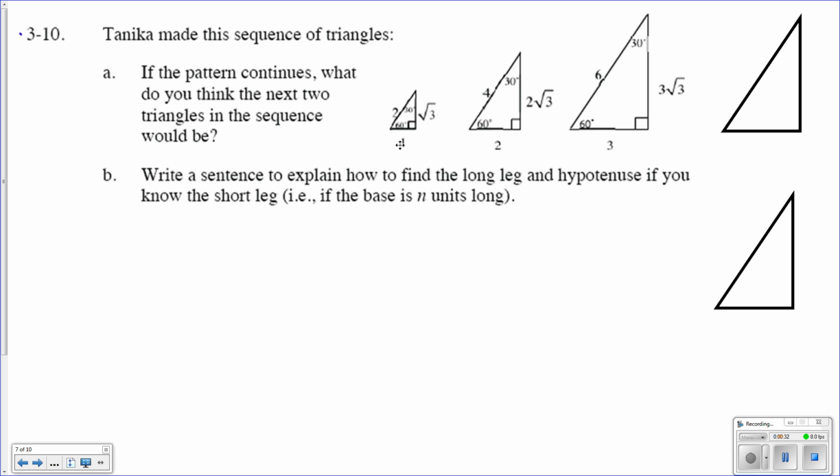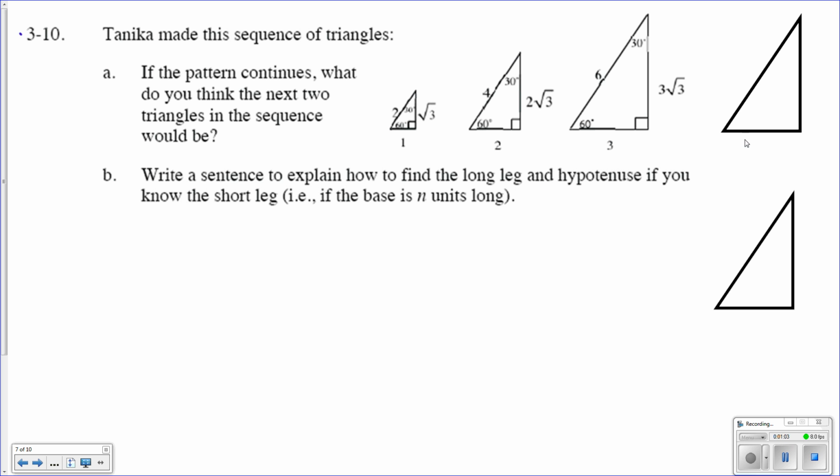For the first one, the base side is 1. The hypotenuse is 2. And the middle leg is radical 3. As we increase our base length by 1 each time, you'll see that our hypotenuse increases by 2 and then increases by 2 again.